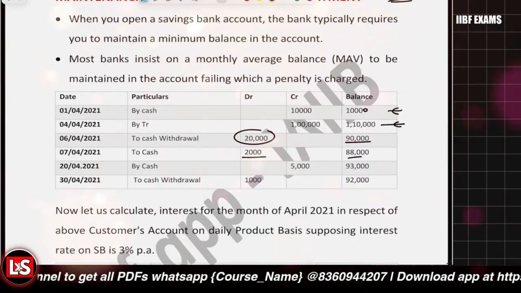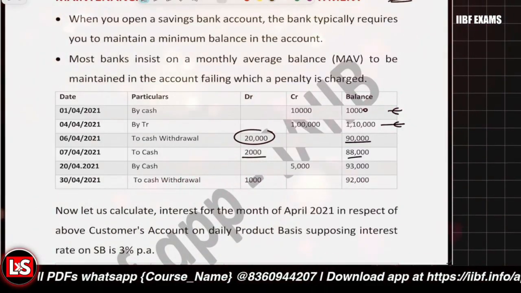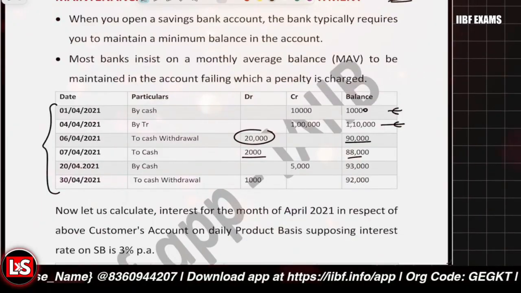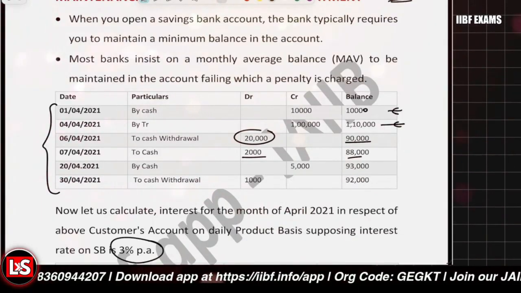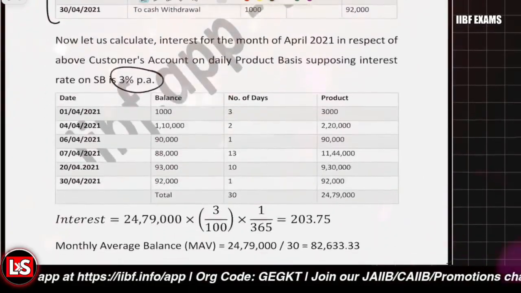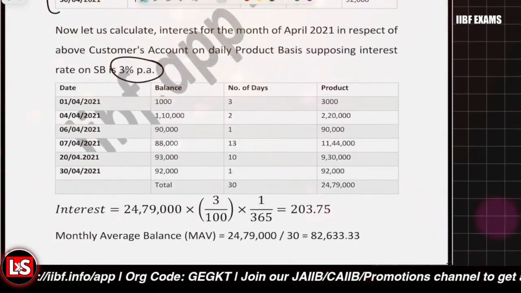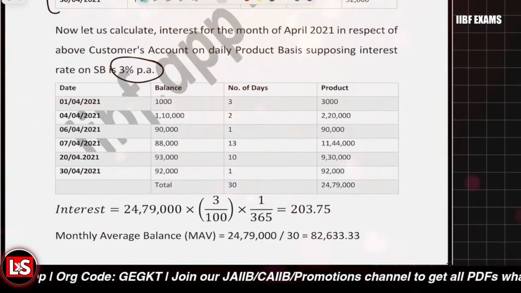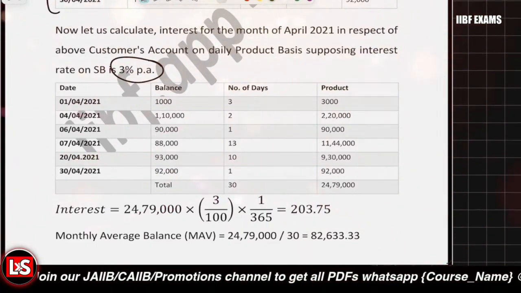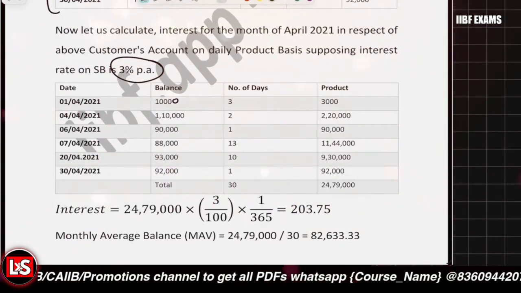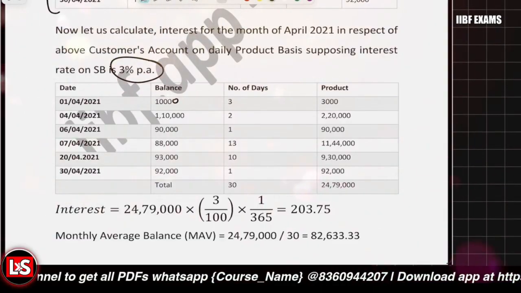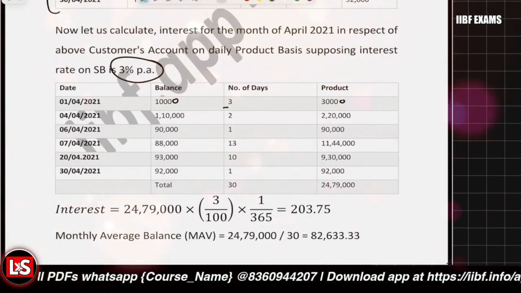And now let's say we have to calculate the interest for this particular month of April 2021, and the rate of interest we assume to be 3% per annum. How will we calculate? For the balances, we have to calculate the rate of interest. The balance is rupees 10,000 for 3 days, so it will be 30,000.